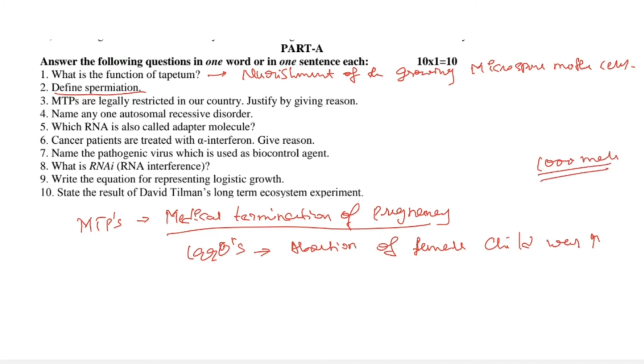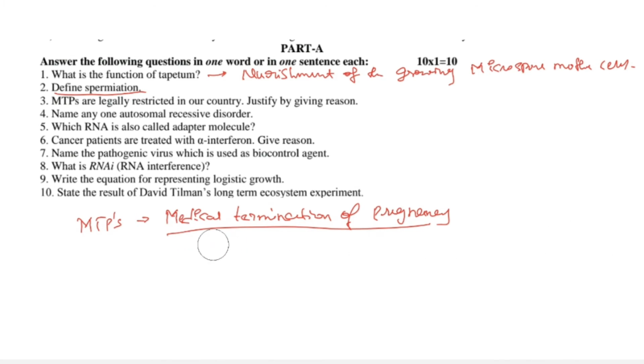That is what happened. So the government has legally restricted MTPs in our country. Also, the detection of only female, the abortion of only female child took place. That's why it's been restricted.